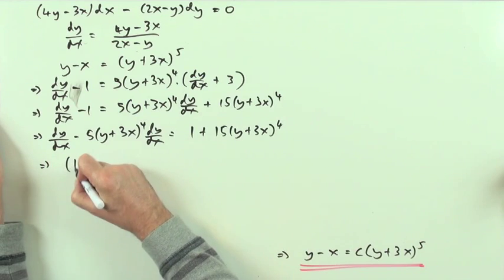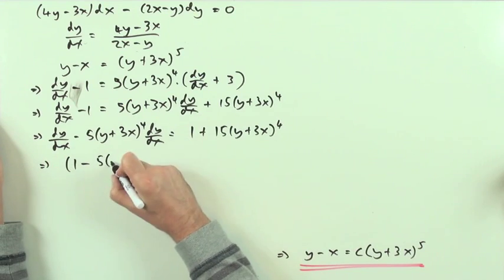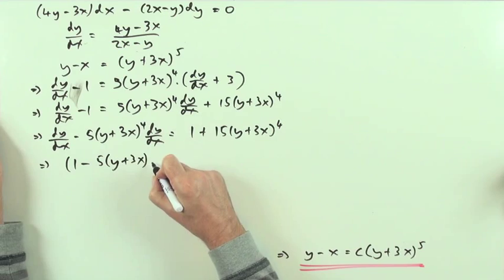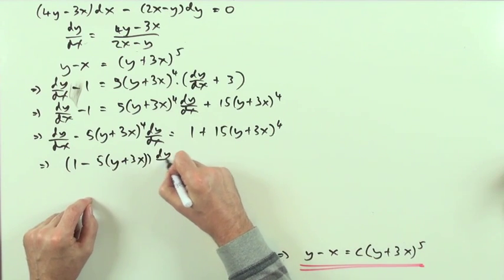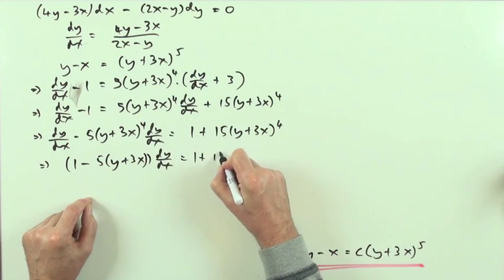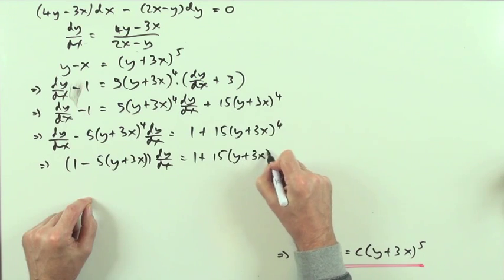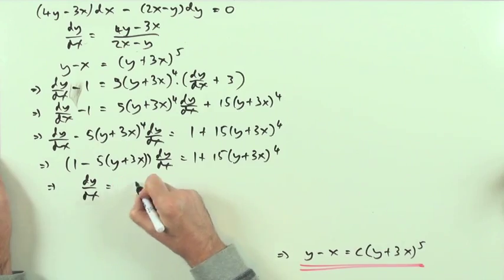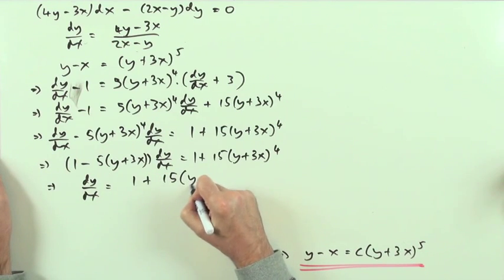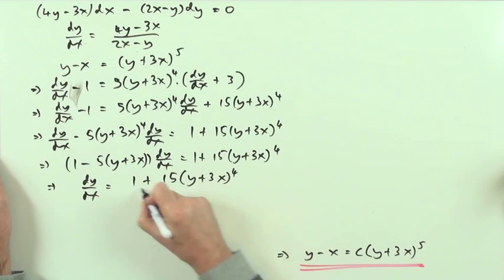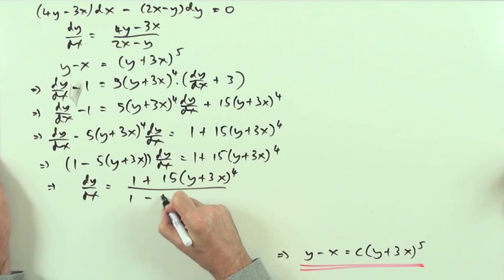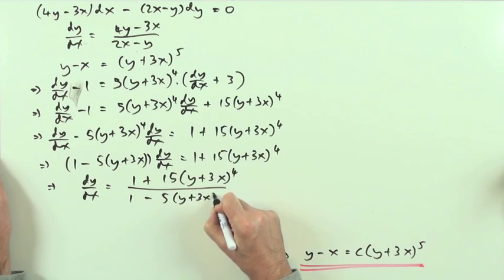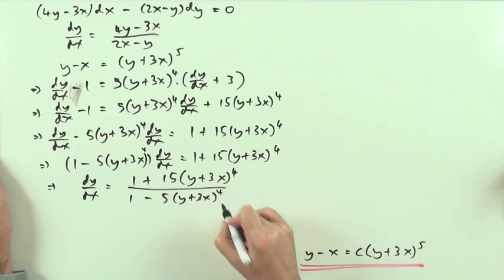So I've got 1 minus, again I should have gone one step ahead because it's getting tedious writing this all out, dy by dx is 1 plus 15y plus 3x to the 4. So finally, dy by dx equals 1 plus 15y plus 3x to the 4 divided by 1 minus 5 times y plus 3x to the 4.